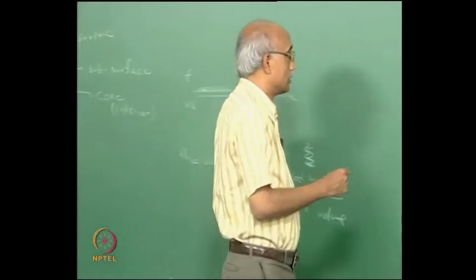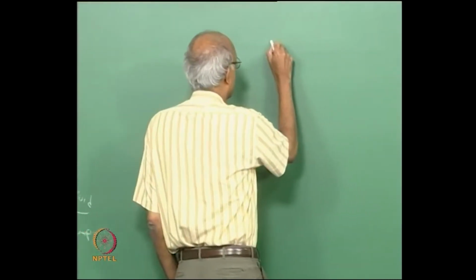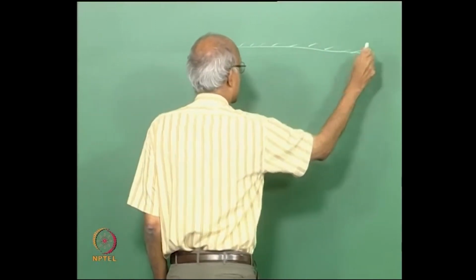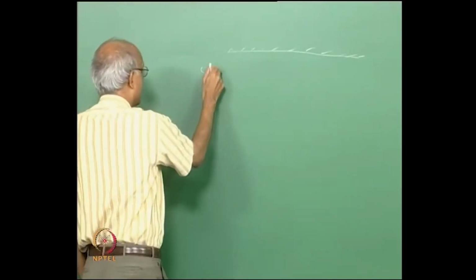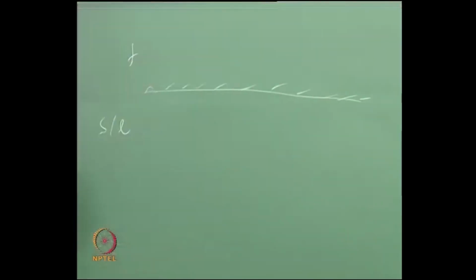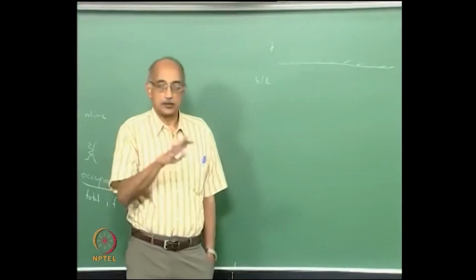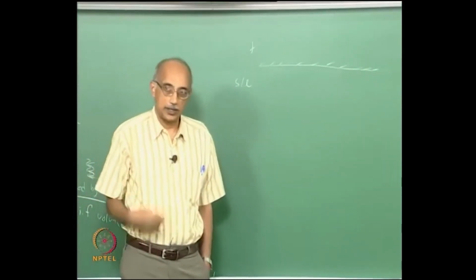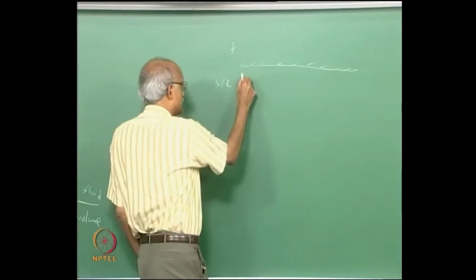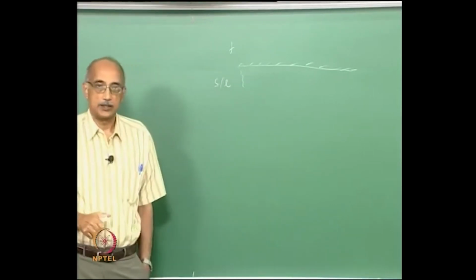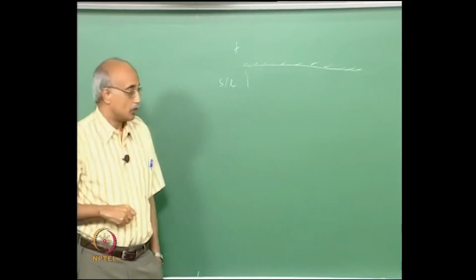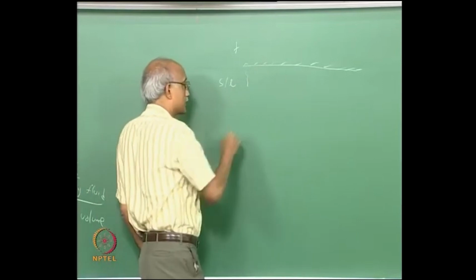So, if this represents the surface, so this is your solid or liquid particle, and then this is your fluid, and let us represent this as a line of discontinuity between the particle and its surroundings. What we call the subsurface is basically the region that is just below the surface and extending some distance into the particle phase itself. Now, what are you going to see between here and here?